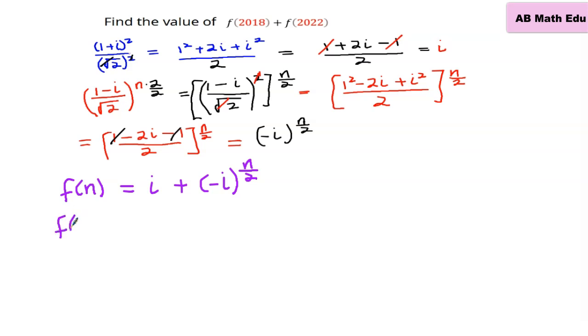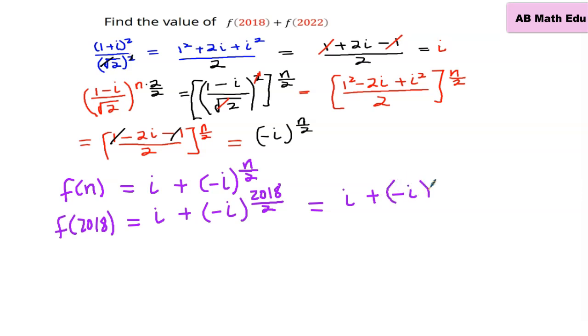So for 2018, we get i plus (-i), and then 2018 divided by 2, which gives us 1009, and we keep it as it is.